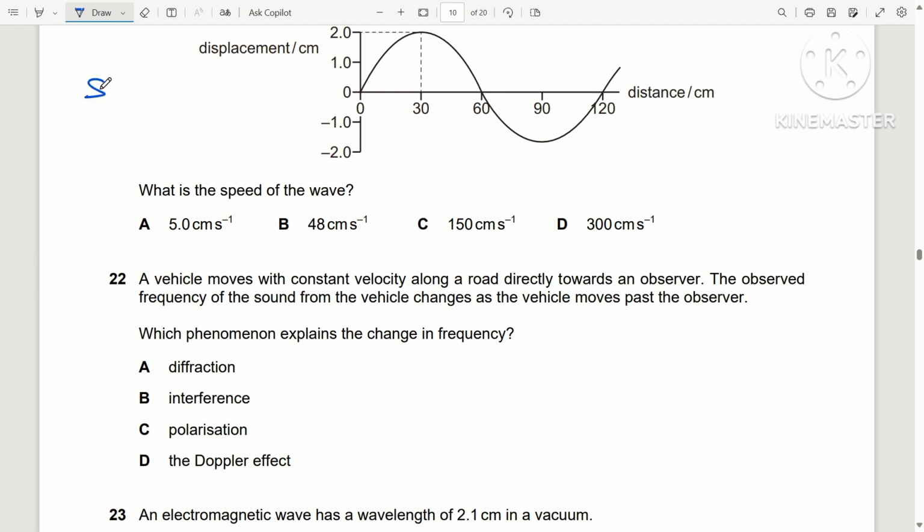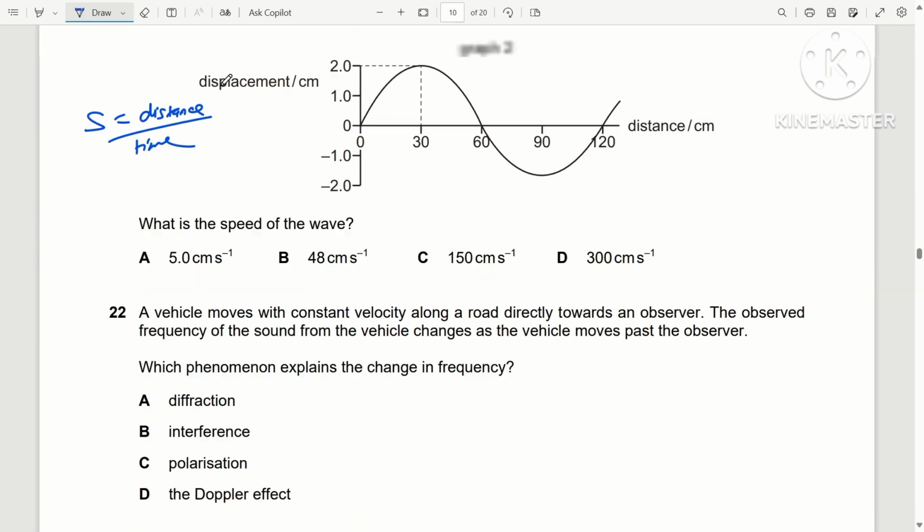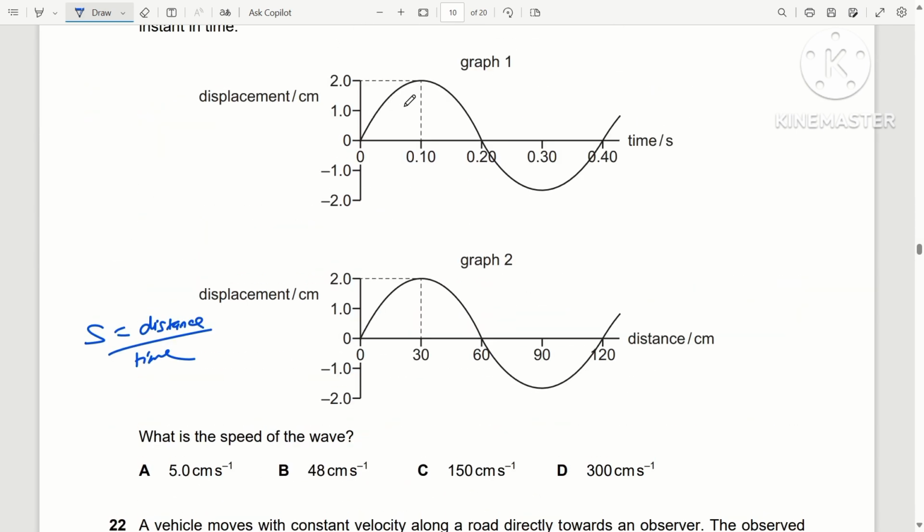We know that speed is given as distance upon time. Now, in the first graph, displacement versus time is given. So when displacement is 2 centimeters, the time taken is 0.10. And when displacement is 2 centimeters, distance is 30.